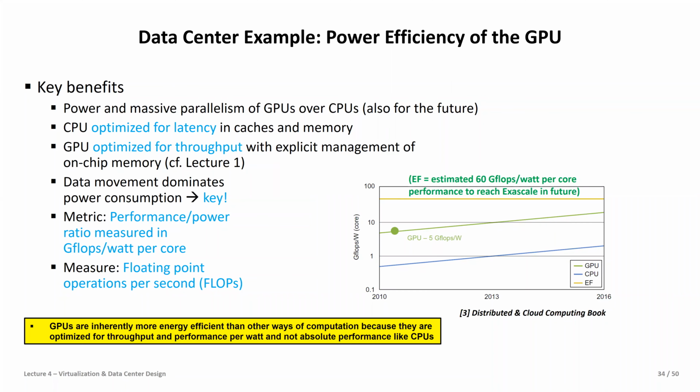This is a very interesting notion of GPUs. It comes from a lot of benefits, like explicit management of the on-chip memory and so forth. So it has lots of aspects where the GPU is really efficient. And of course, for a data center, that is just incredible.